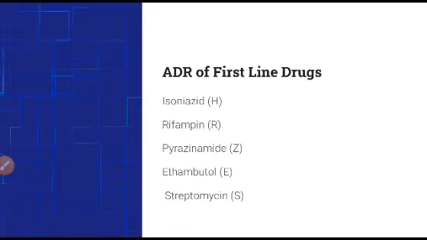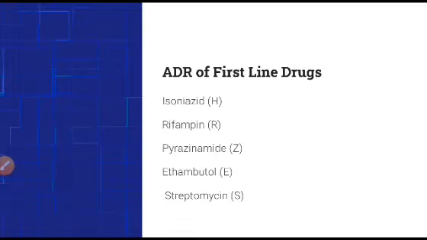Isoniazid, which is considered one of the safest drugs, still shows some ADRs such as hepatitis, cutaneous hypersensitivity, peripheral neuropathy, etc. Rifampicin shows some hepatitis, some cutaneous reactions, GI reactions, thrombocytopenia, febrile reactions, and flu-like syndromes.